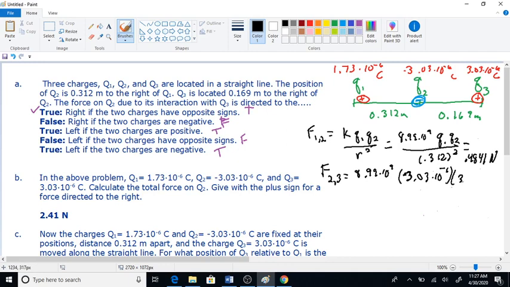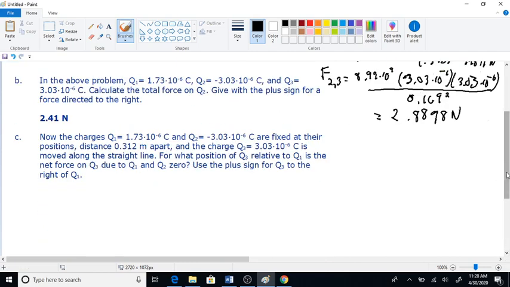And another one for this one up here, times 10 to the minus 6. The units are all fine, coulombs and meters again, I think I said that. 0.169, don't forget the squared. And when I do that, I get 2.8898 newtons. Okay, now we need direction with these.